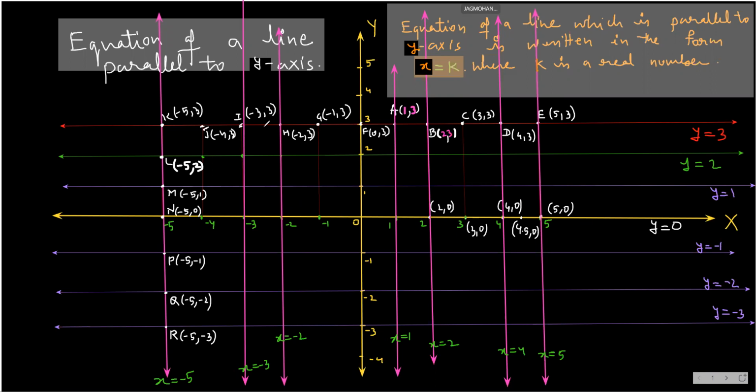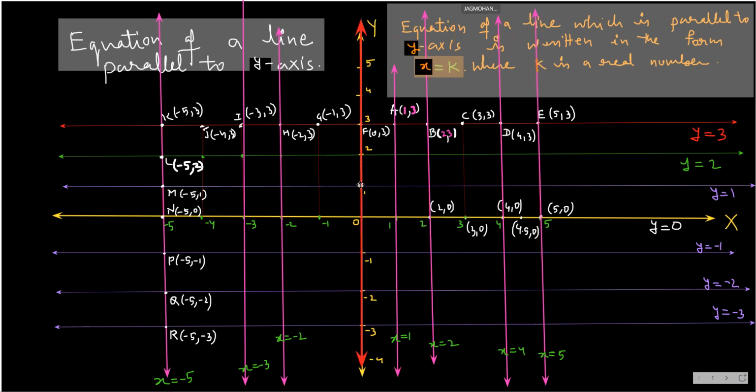Listen, if I have a line which is on the y-axis, what will be k value? The k value will be 0. Remember, if the line is parallel to y-axis and on the right side, k is positive.